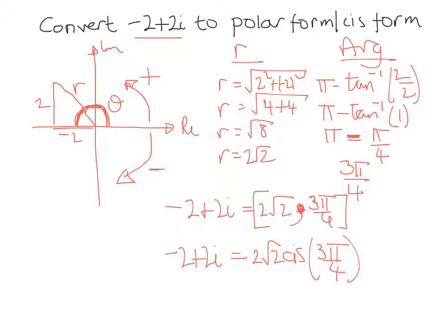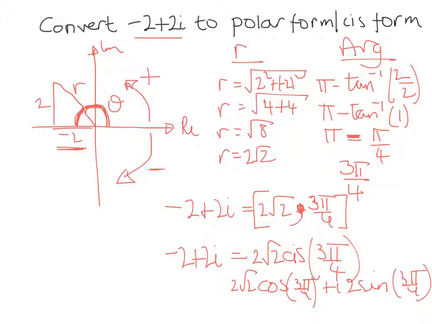And the cis could expand out to 2 root 2 cos 3 pi over 4, which would give us this horizontal bit here, plus i 2 root 2 sine 3 pi over 4, which would give us this vertical bit there. Alrighty, hope that helps.